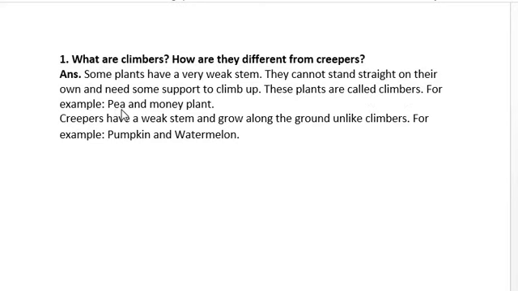For example, pea and money plant. Creepers have a weak stem and grow along the ground, unlike climbers. Climbers climb up. Creepers grow along the ground. For example, pumpkin and watermelon.